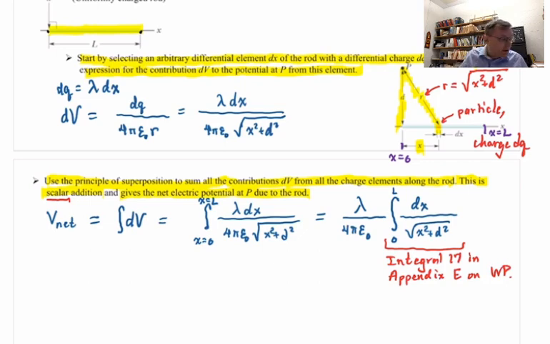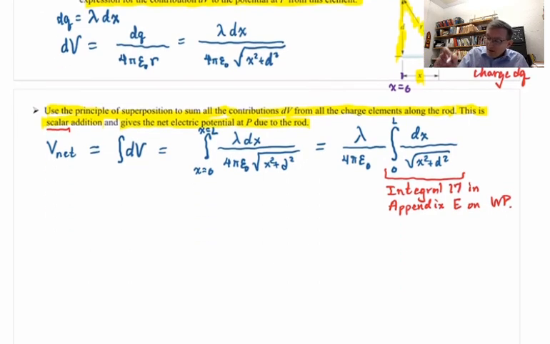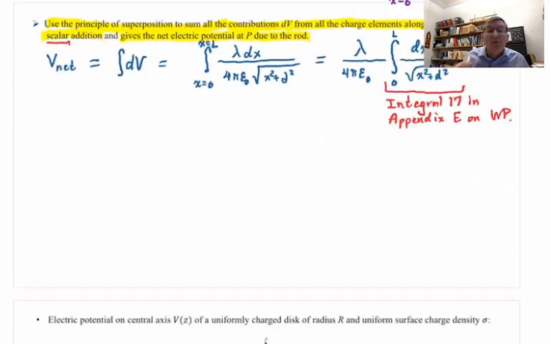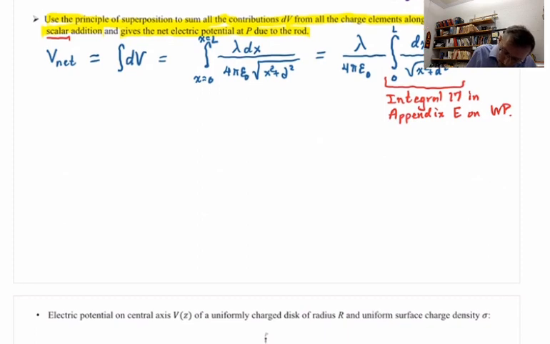It's integral number 17. And it turns out to be a natural logarithm because it's got a dx upstairs and it's got a square root of x squared, so that's like x to the 1 power downstairs, and that's how you get a log. But it's a little more complicated than that.